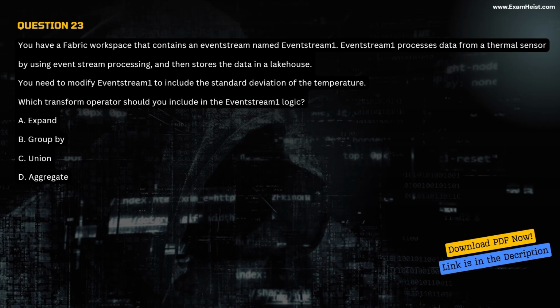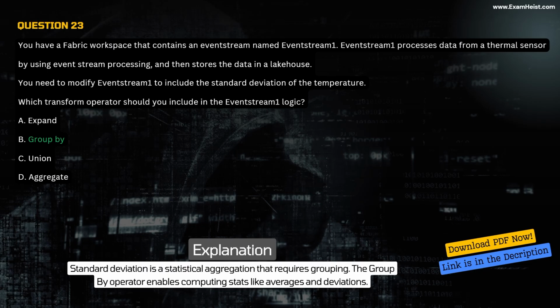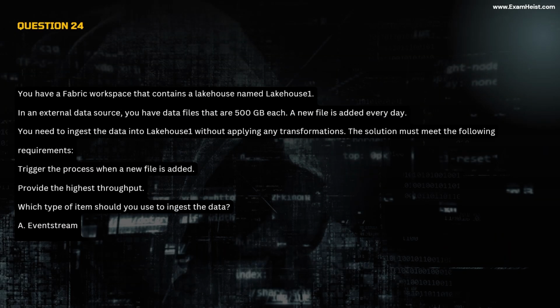A. Expand. B. Group by. C. Union. D. Aggregate. Correct answer B. Group by. Explanation. Standard deviation is a statistical aggregation that requires grouping. The group by operator enables computing stats like averages and deviations. Question 24.